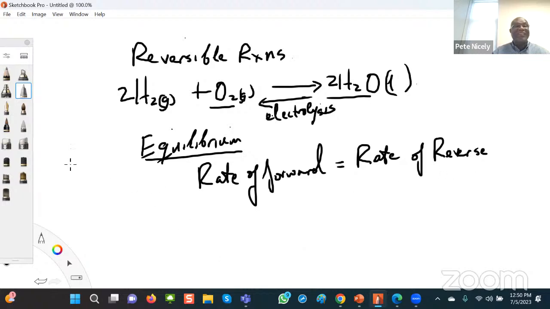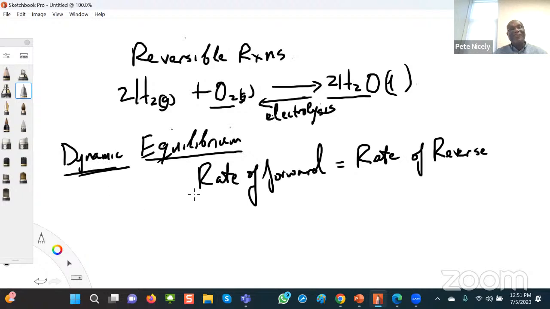And another thing I need to say about this particular state of affairs is that this is describing what we call a dynamic equilibrium, all right? So we're saying that this is a dynamic equilibrium state where the rate of the forward reaction is equal to the rate of the reverse reaction, all right?